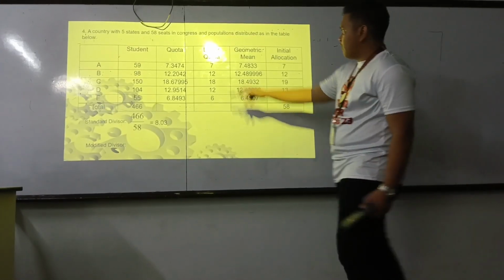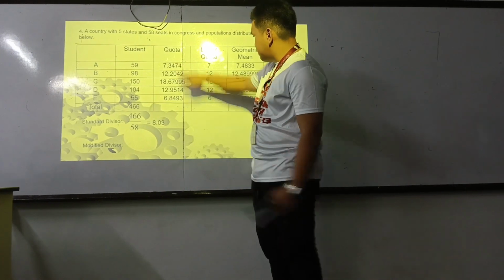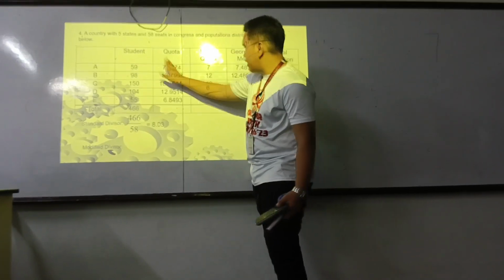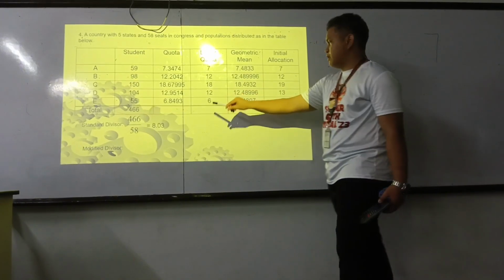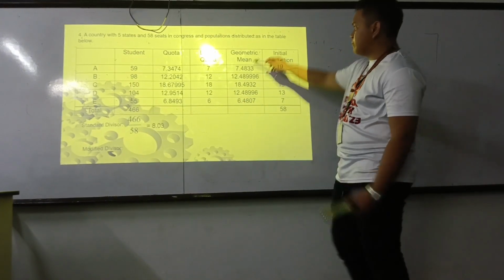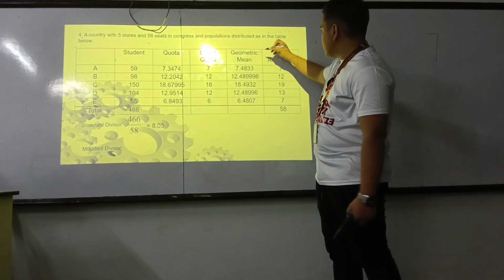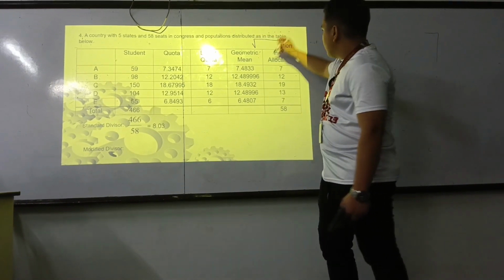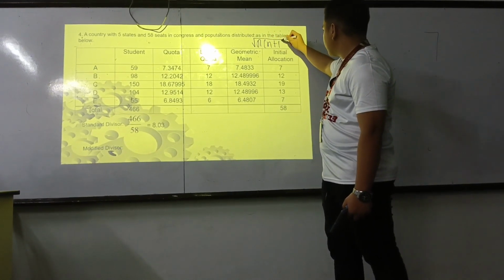And to find our lower quota, like I said before, drop the decimal part. So we have 7, 12, 18, 12, and 6. To find our geometric mean, we use the square root of n times n plus 1.